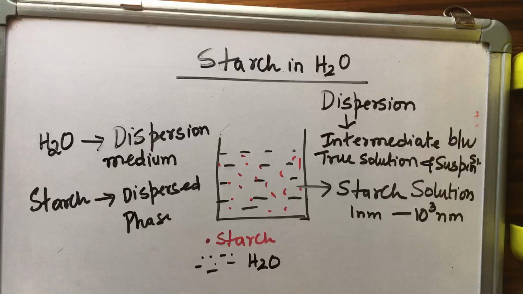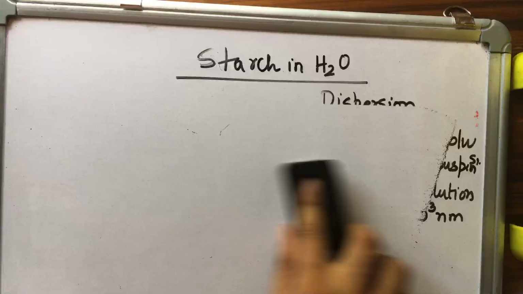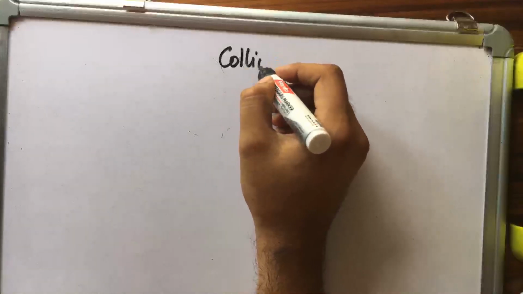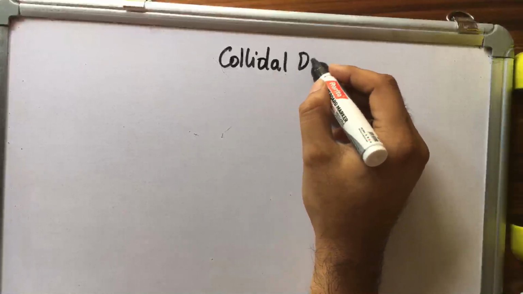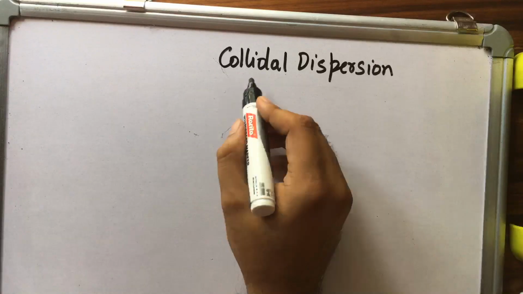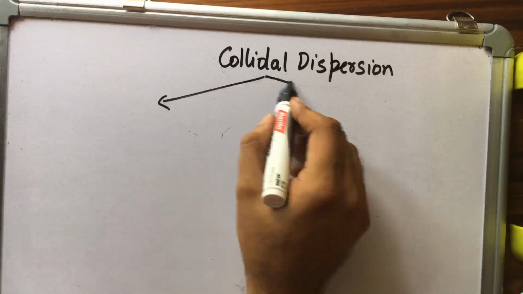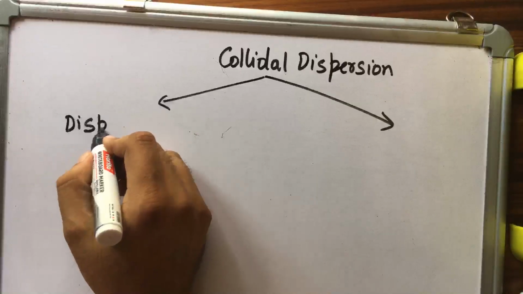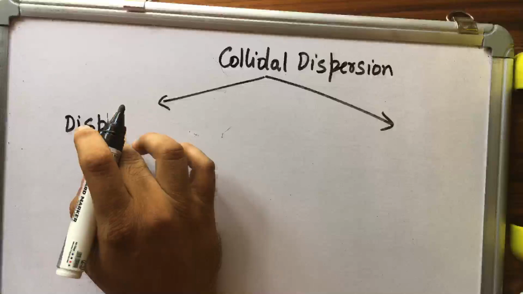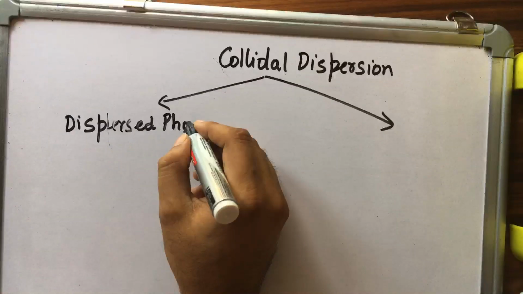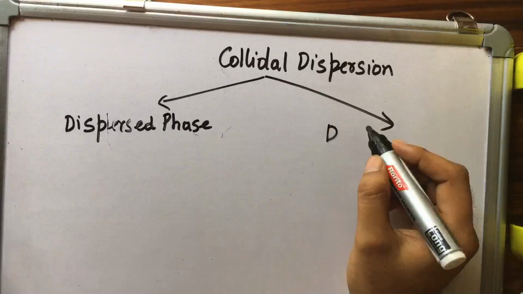So what you have studied now is like this. Colloidal dispersion is of two types, means it is made up of two types. One is called the dispersed phase, and another one is called the dispersion medium.